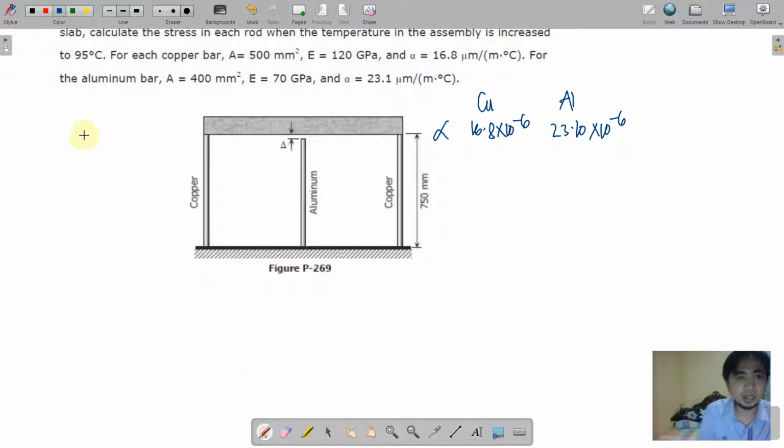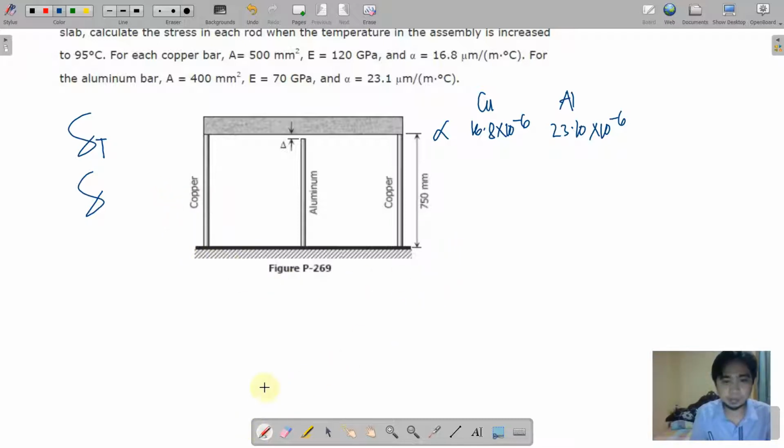I'll be using here a variable, delta T, for deformation due to temperature if the involved stress is thermal, and I'll maintain our variable delta, which is usually denoted for deformation whenever there is a compressive or tensile stress.